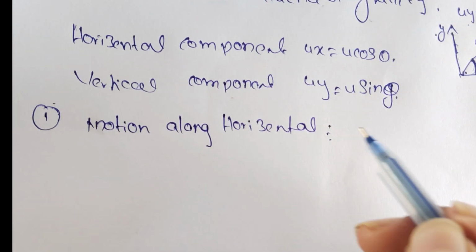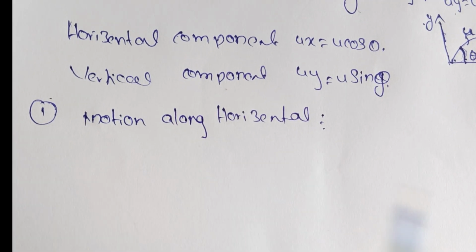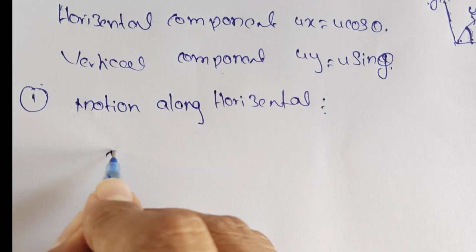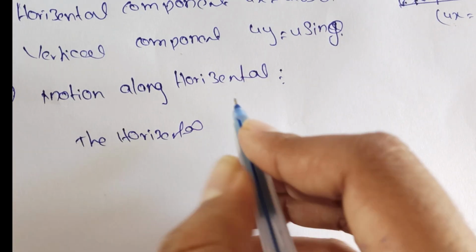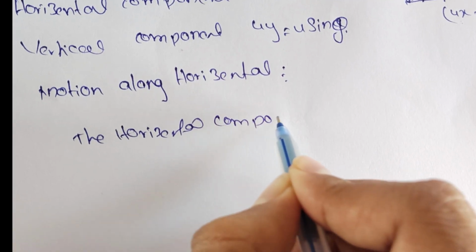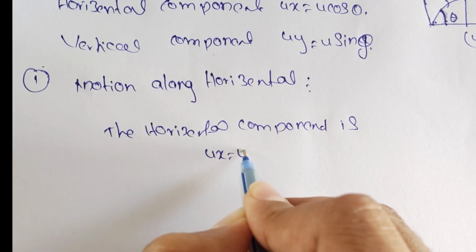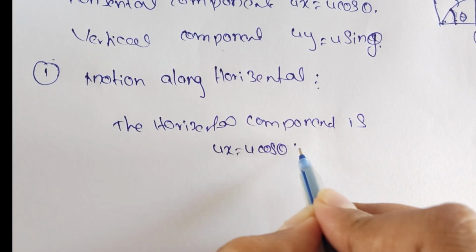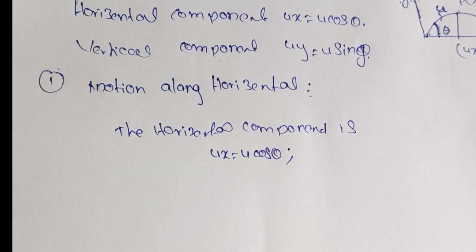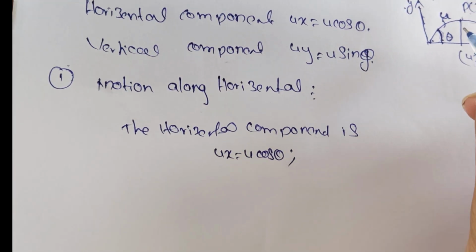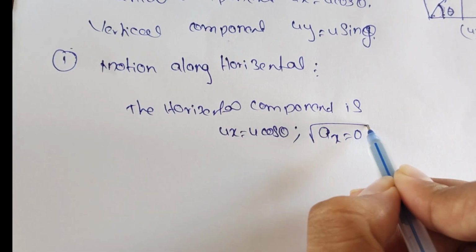Here the horizontal component is ux equal to u cos theta, and we also have the acceleration, which is equal to 0.